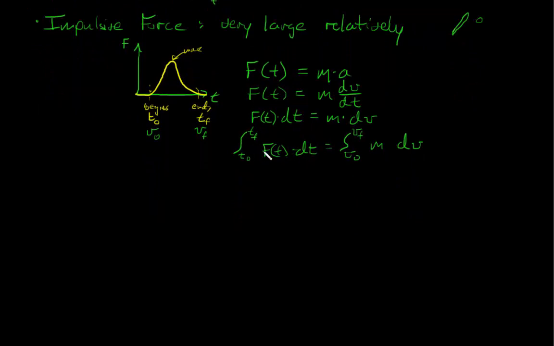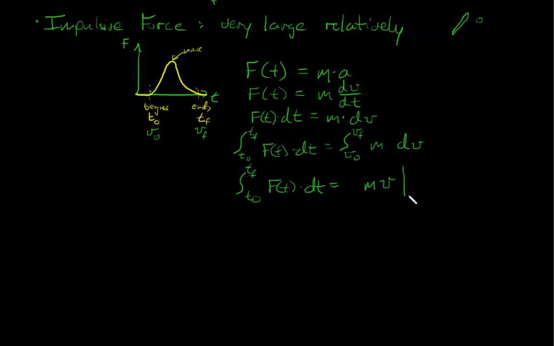There's really nothing that I'm going to do. So we have from t naught to tf, the final time, of the force with respect to time is equal to, now here I want to go ahead and pull out the integral. Since it's in terms of v and there's no v, we'll add a v in. So this becomes mv, and we're going to evaluate that.